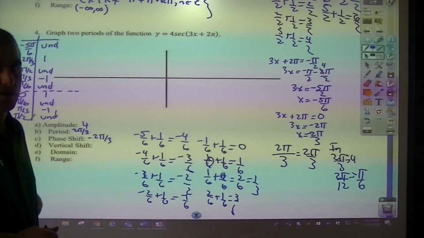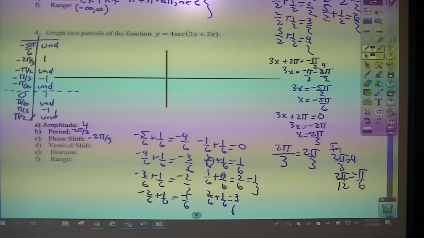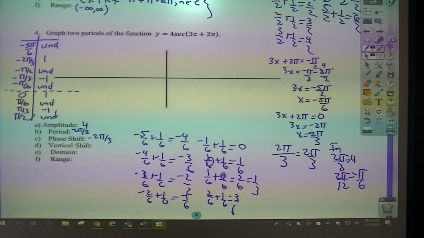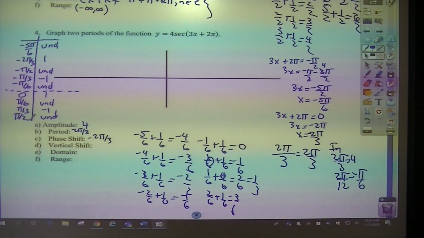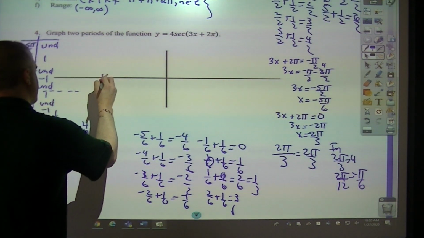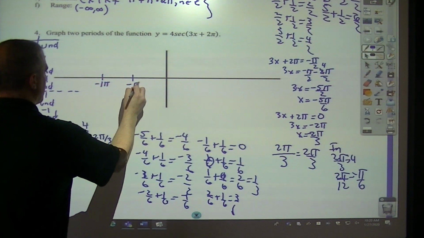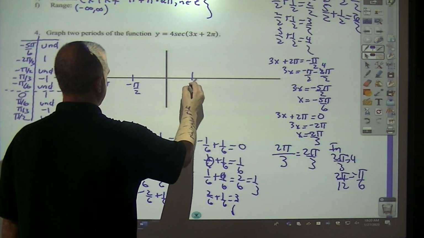Now, what you need to be careful on is we're going from negative pi over 6 to pi over 2. You might want to give yourself a little bit of space here. That's negative pi over 2, and this is going to be pi over 2 all the way over here.